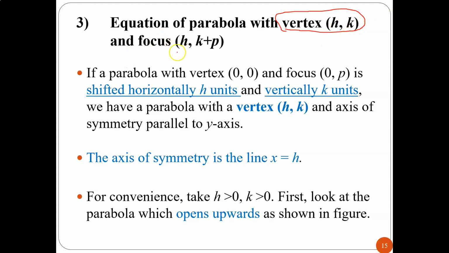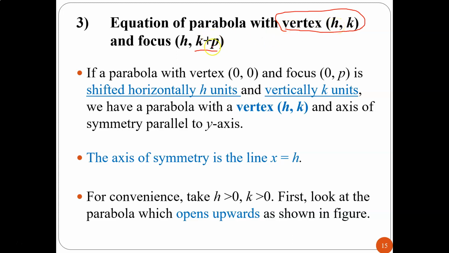The focus has h for the x-axis and the y coordinate becomes k plus p. So as you can see, the vertex is h, k instead of 0, 0. What changes here is the y coordinate. It has plus p. h does not change.